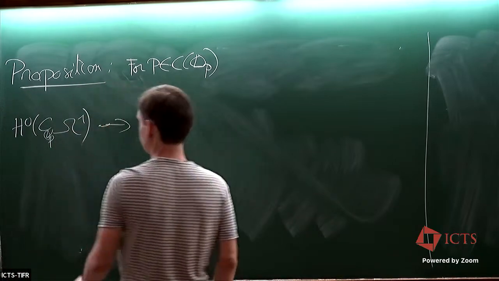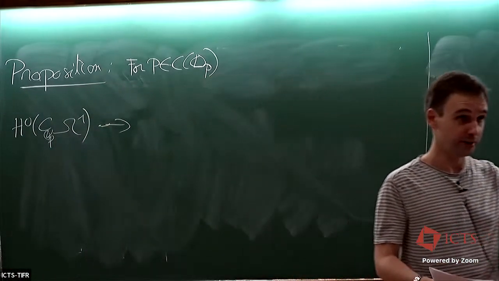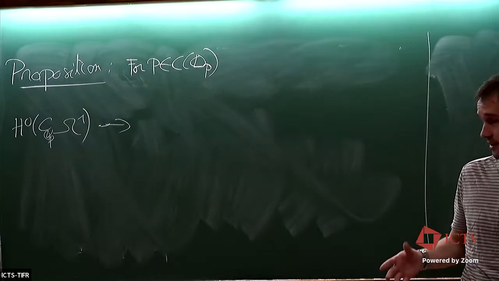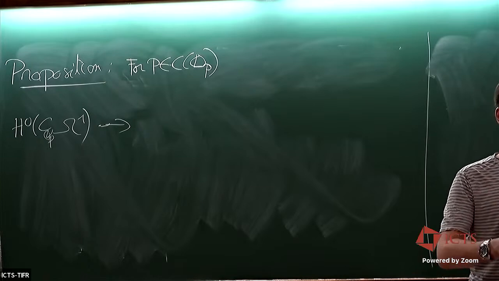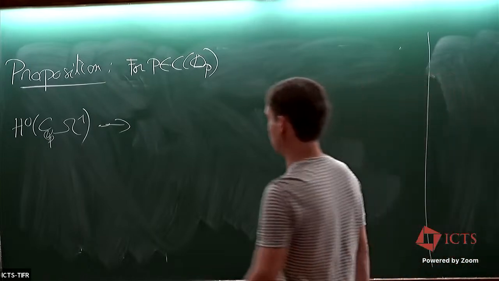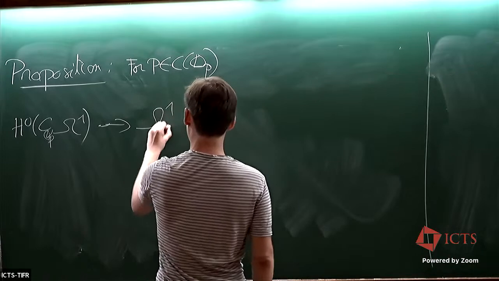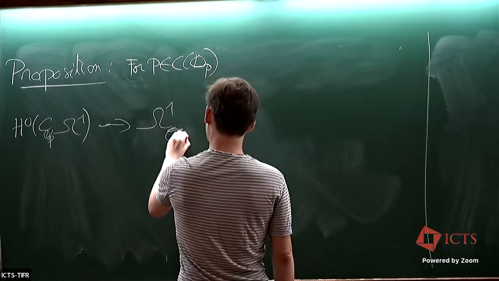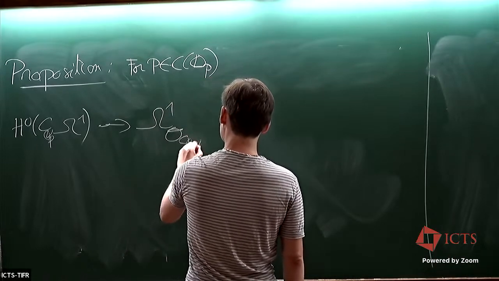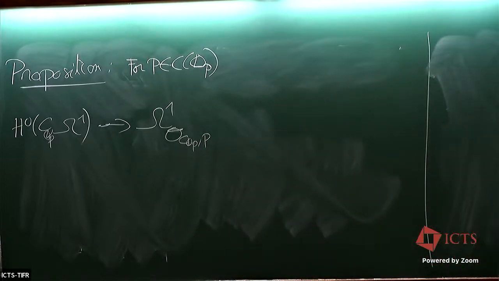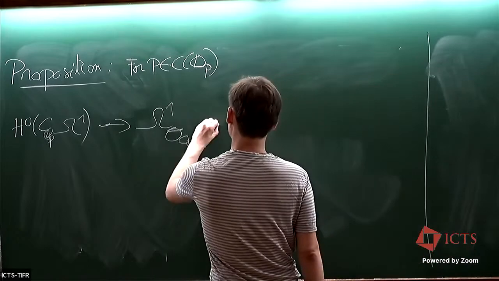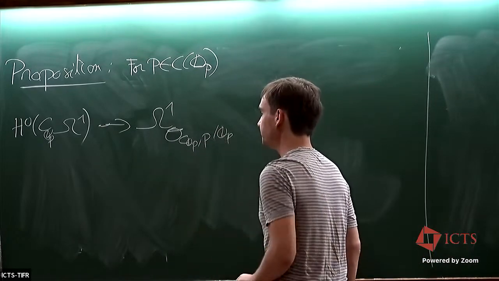In particular, I can restrict them to any space inside C over Q_p, and I'm interested here in what happens around the point P. So I can just reduce them to omega 1 of the local ring at P, over Q_p.